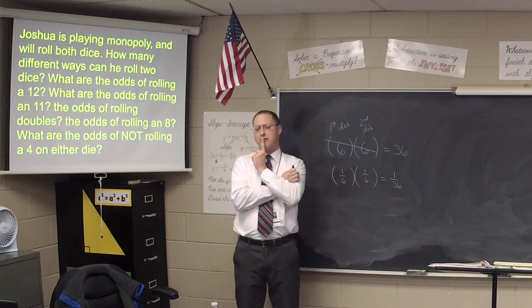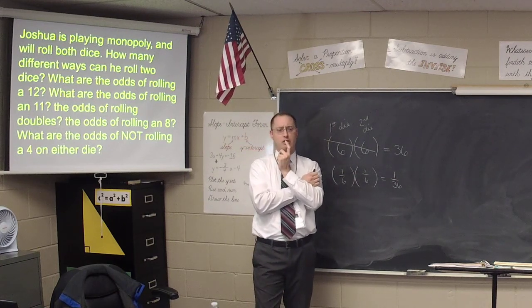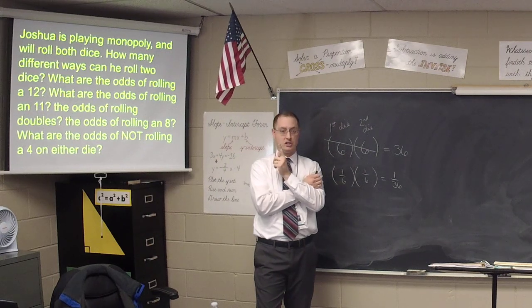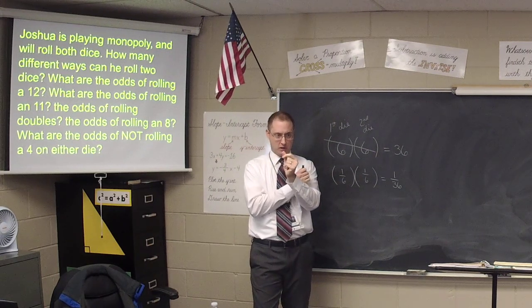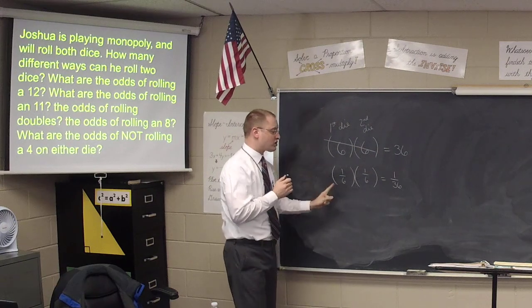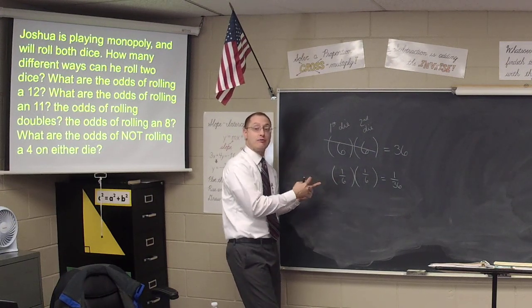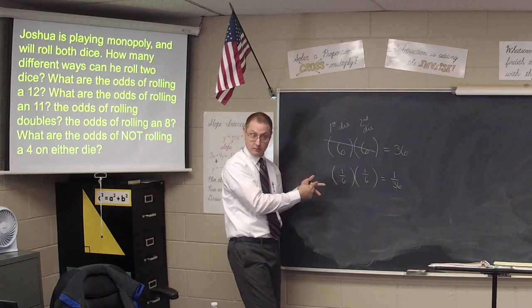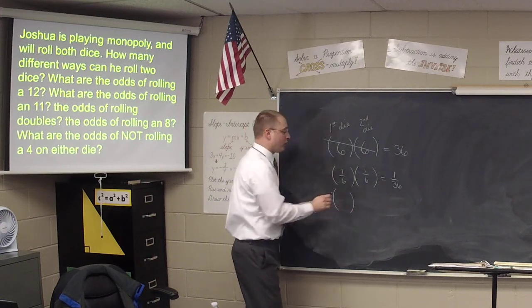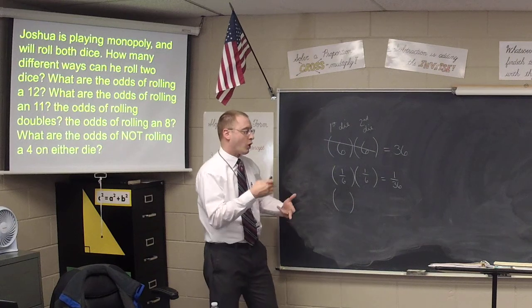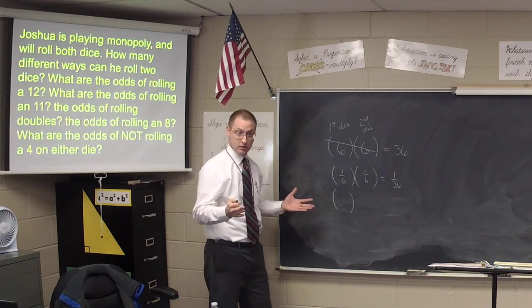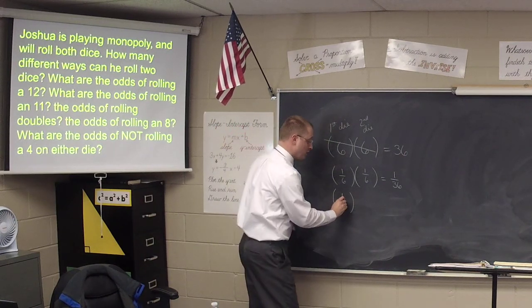What about an 11? How can you roll an 11? There's only one way to do it, class. A 5 and 6. Now, here's the deal. Stay with me here. The first die could be either a 5 or a 6, correct? So what are the odds the first die is either 5 or 6? 2 to 6 or 1 to 3, right?